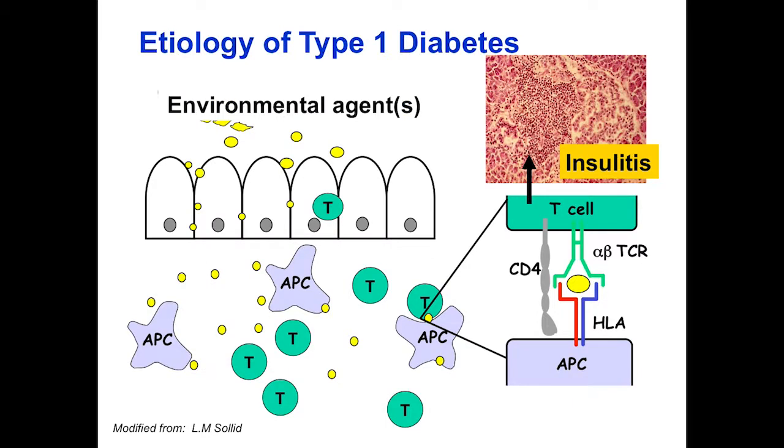Generally, HLA molecules, both class 1 and class 2, present antigens to T cells. Class 1 to CD8 cells, class 2 to CD4 cells.